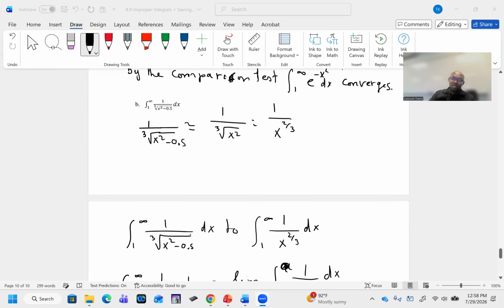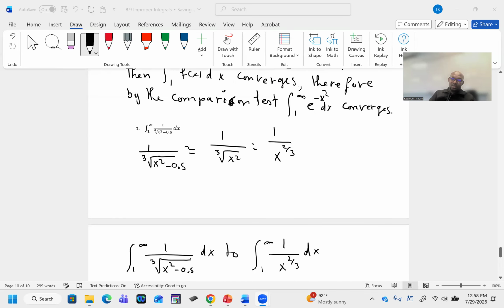Since we're here, we know which one is greater, right? This is greater than this one because we have minus 0.5 on the denominator.